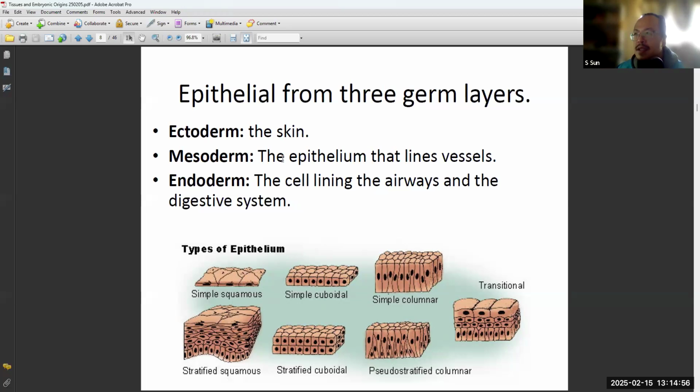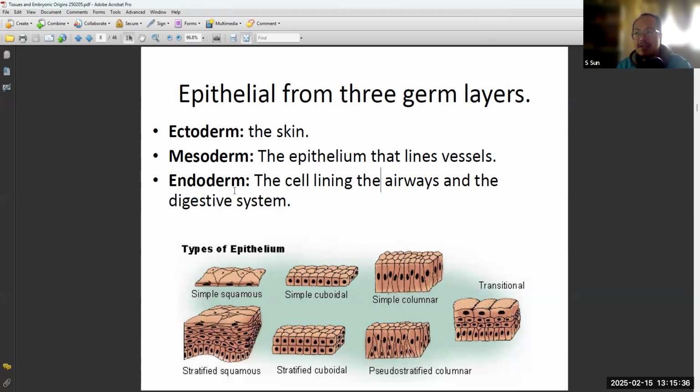The epithelium can also be found in the digestive tract, right? So the esophagus, stomach, the inner lining of the digestive system. Sorry, the digestive system is not the mesoderm.